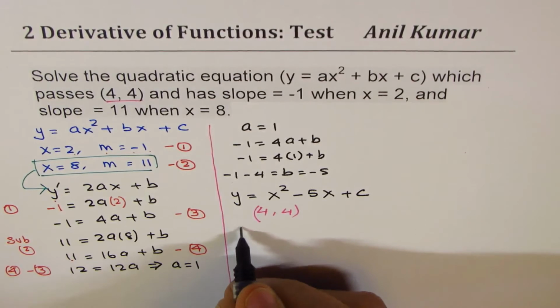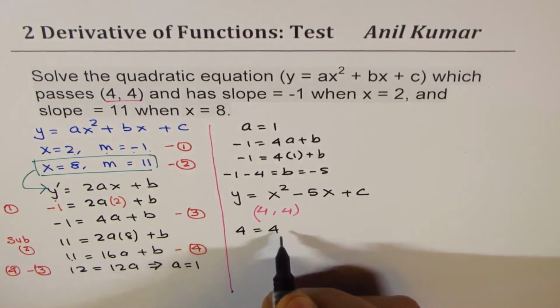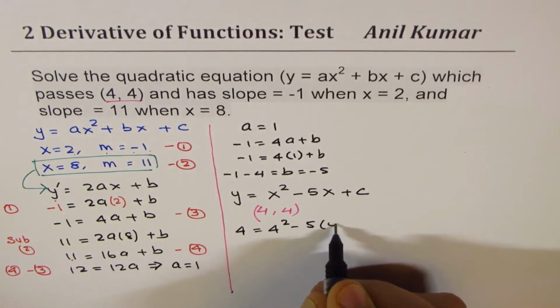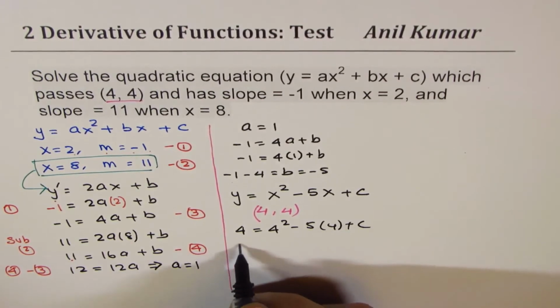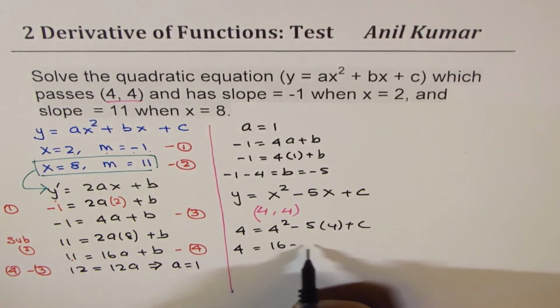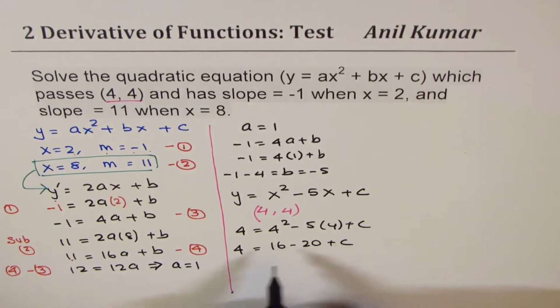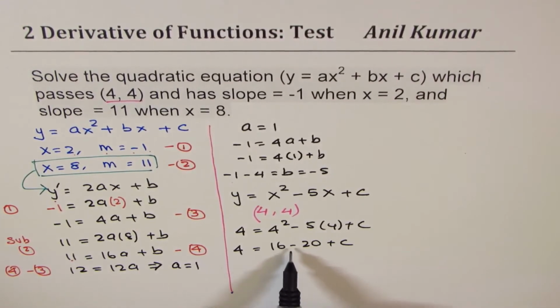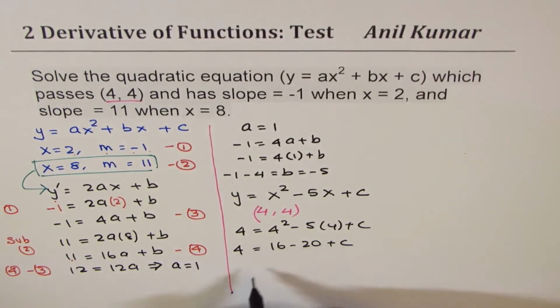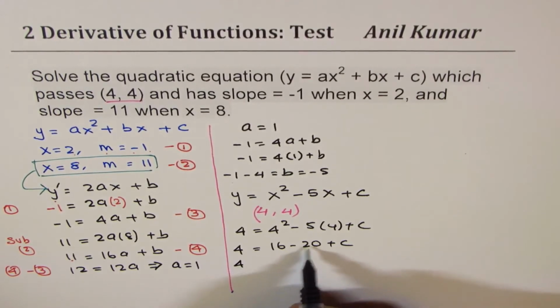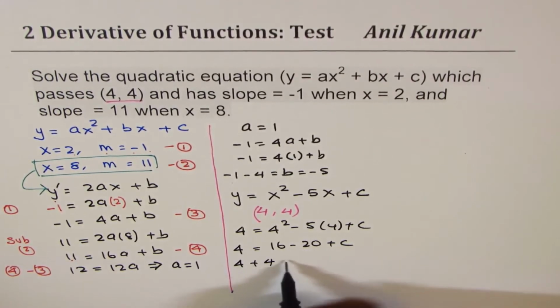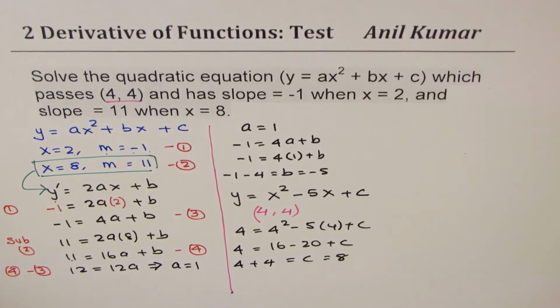Substituting 4 for y and 4 for x, we get 4 equals 4 squared minus 5 times 4 plus c. So that is 4 equals 16 minus 20 plus c. Now 16 minus 20 is minus 4. So 4 plus 4 equals c, which is 8, right?